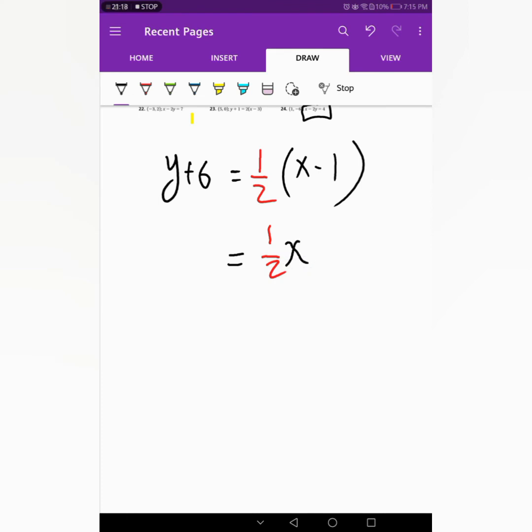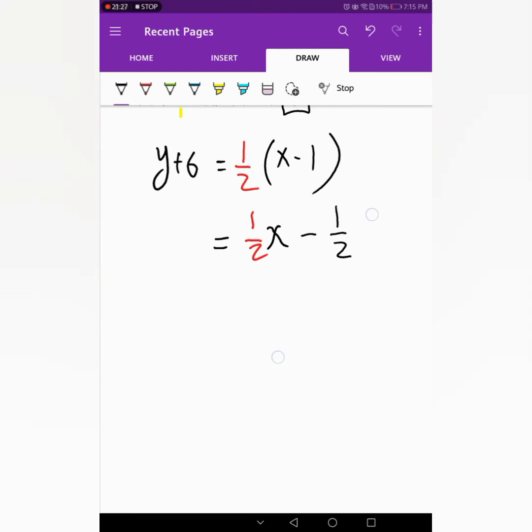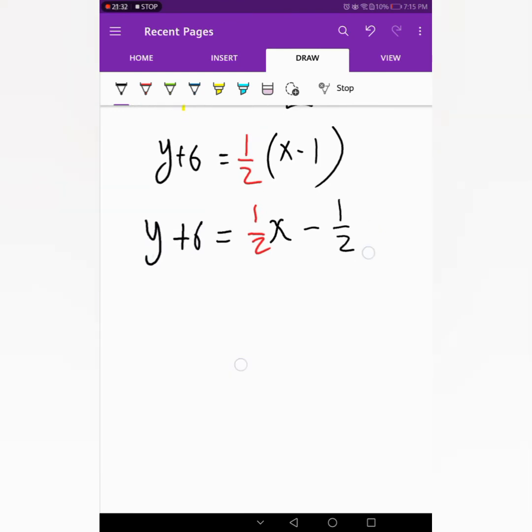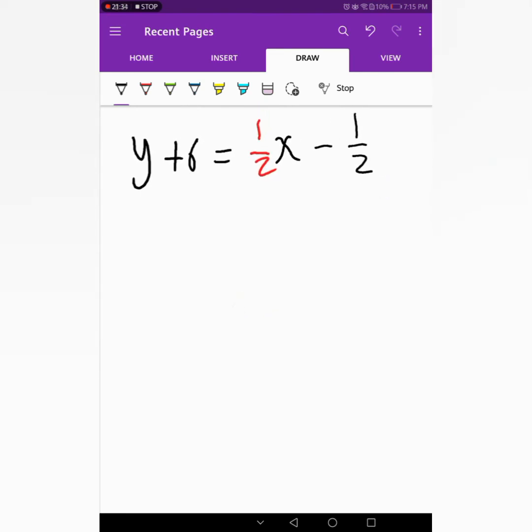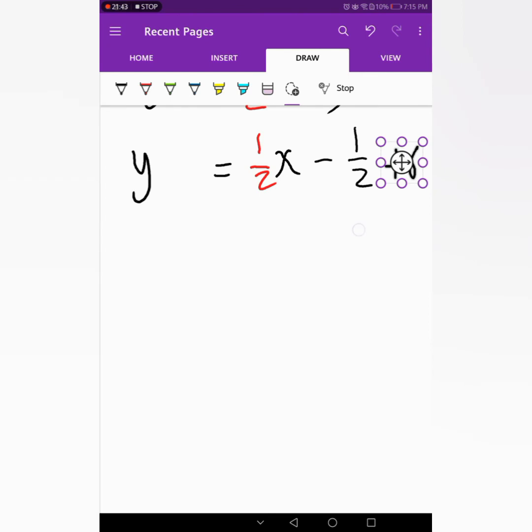And 1/2 multiply -1 equals -1/2. Bravo. And now I'm ready to make the y alone. What do I have to do to make the y alone, Yaman? We will subtract 6, or throw this to the next side, and because of that we have to change the sign. It will be negative, yes?